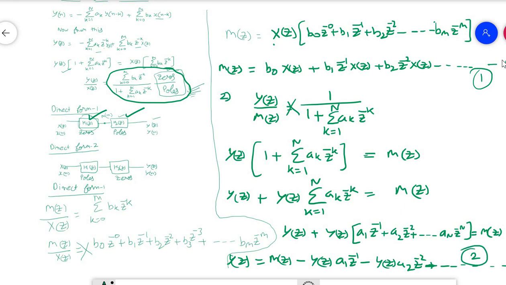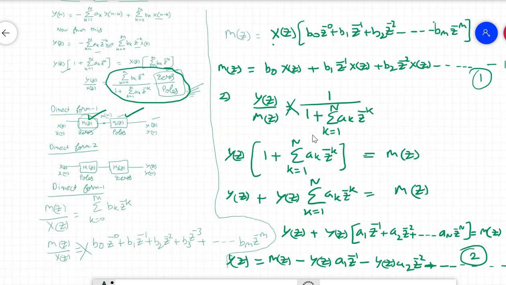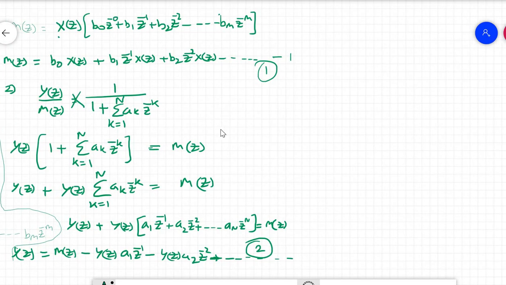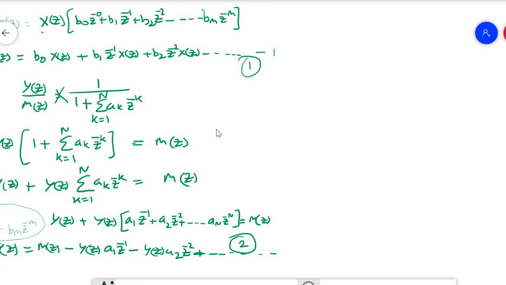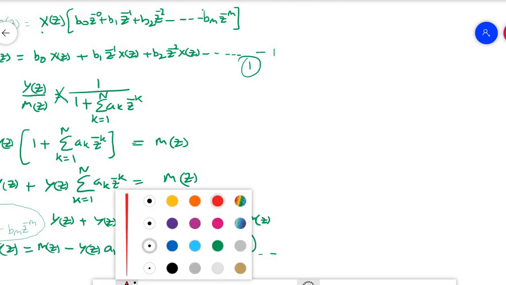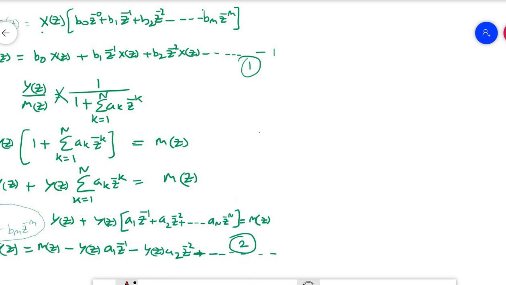Now draw the realization on the basis of these two equations. From the first equation, M(z) is equal to b0 into X(z).